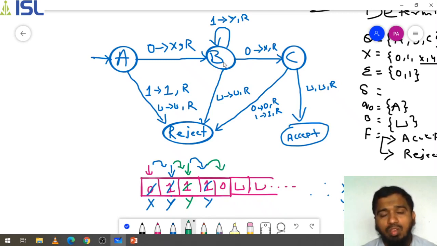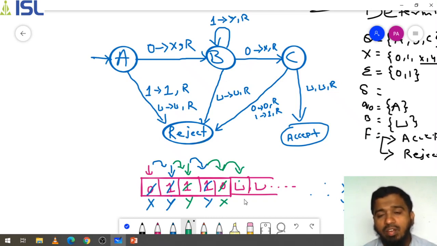What is the next state? It is 0. So in B, if it is 0, then go to x comma r. So this 0 will change to x and the header is moved to the next state. In the next state, if I have any number, for example 0 or 1, then it will go to the reject state.